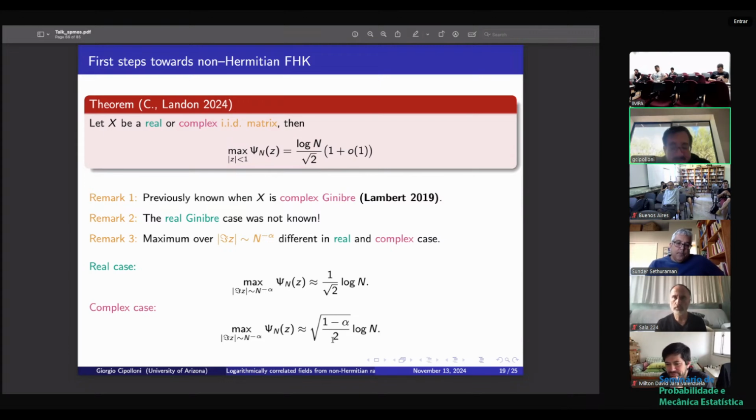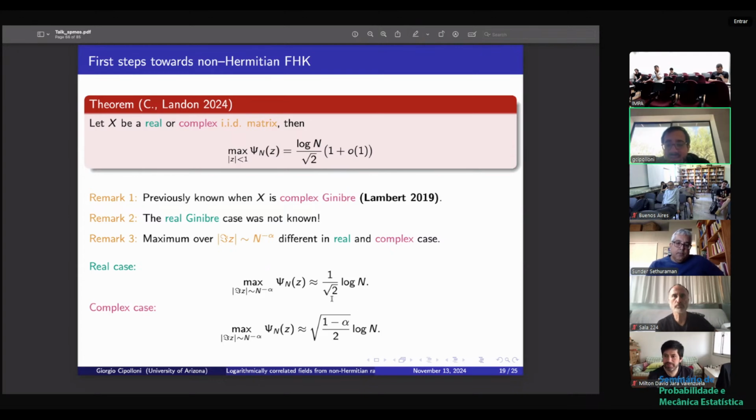The point is that in the complex case, the variance of this log determinant for each z is smaller than in the real case. That's why the maximum is smaller, because the maximum in the complex case you can think of as basically just a union bound. So you have fewer points, since we are looking at a region that has a smaller volume. So that's why it decreases with alpha.